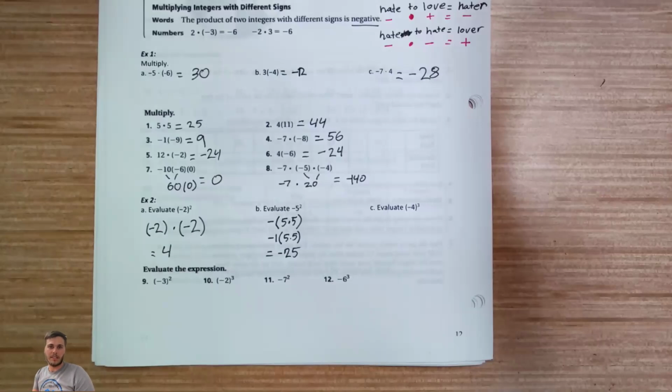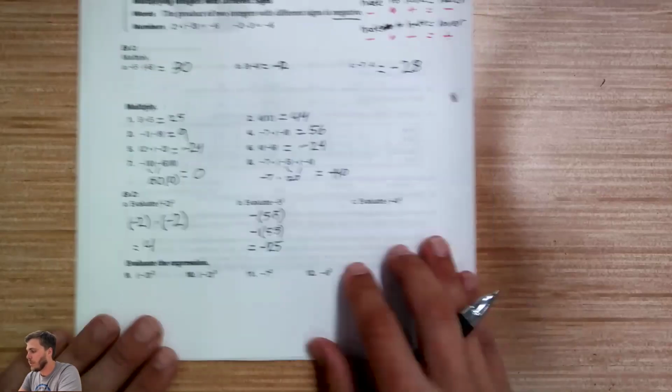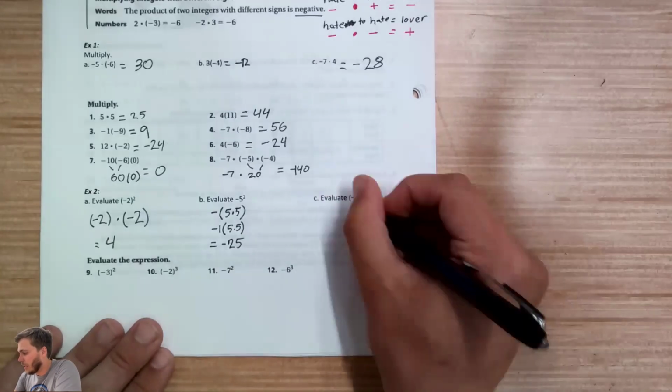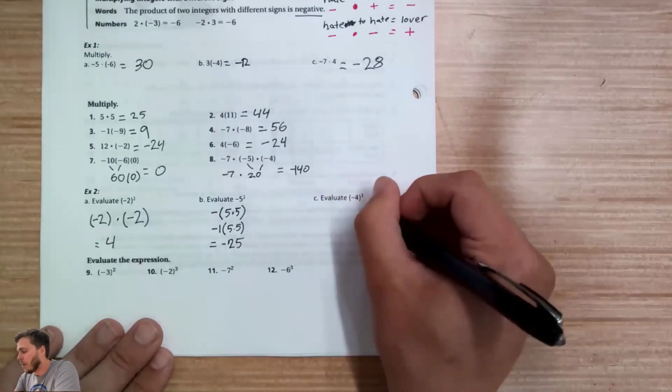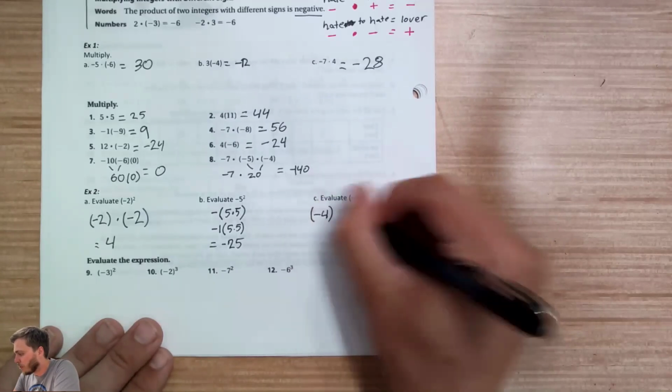Now, how is that different from example A? In that situation, negative 2 is the whole thing being raised to the power, versus part B here, where that second power is just tied to the 5, not the negative part. So C here, negative 4, all in parentheses, cubed, we're raising that negative 4 to the third power.